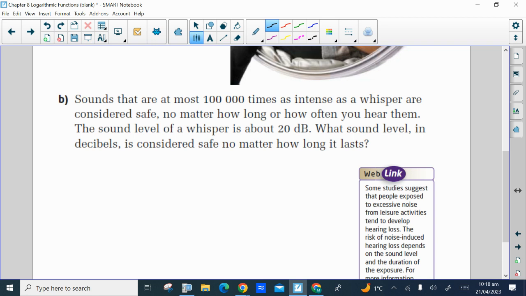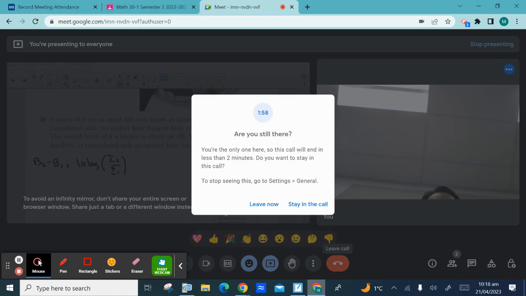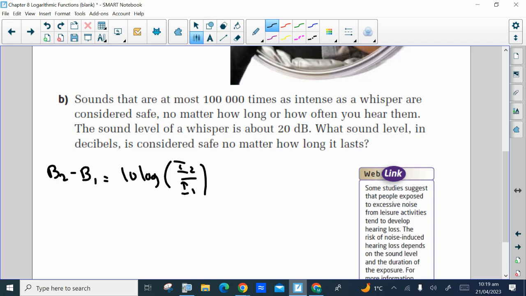So to do this, we're going to use a formula that we developed on the previous page, and that was that B sub 2 minus B sub 1 equals 10 times the log of I sub 2 over I sub 1. So in this case here, we want to find out what B sub 2 is.